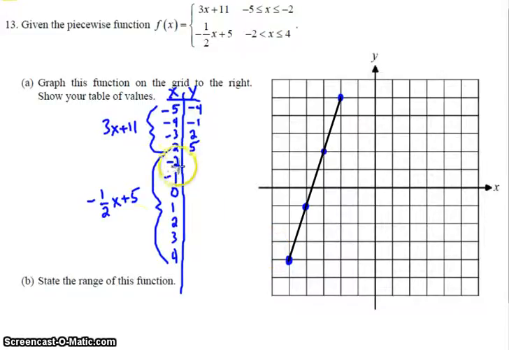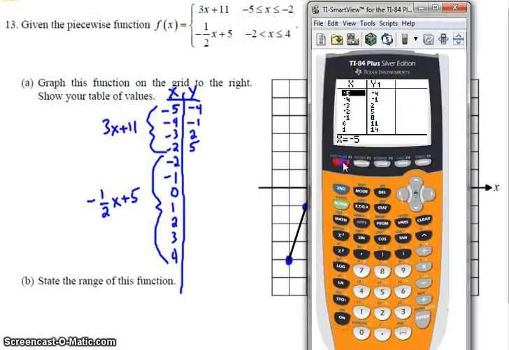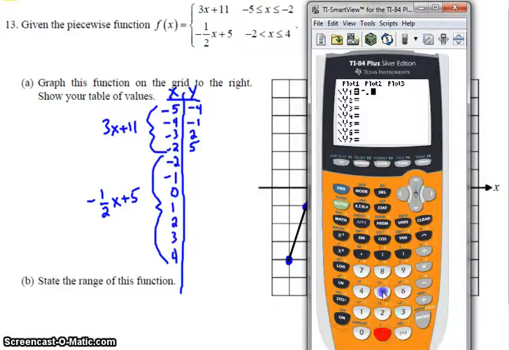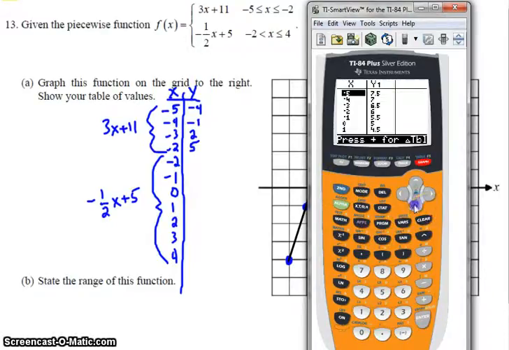All right, now I'm going to do the same thing for the negative 1/2 x plus 5. I'm going to go to my y equals and enter negative 0.5 x plus 5. I'm going to get my table of values and start at negative 2.